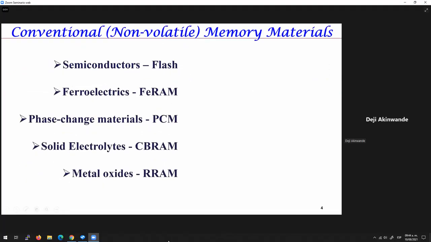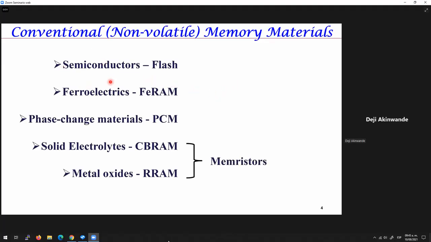Memory devices are actually, some would argue, much richer in terms of material science and physics. For example, you could have semiconductors used in transistor configuration as flash memory based on charge trapping phenomena. You could have ferroelectric memory based on spin modality. You could have materials that change phase from crystalline to amorphous, and that leads to so-called phase change memory.